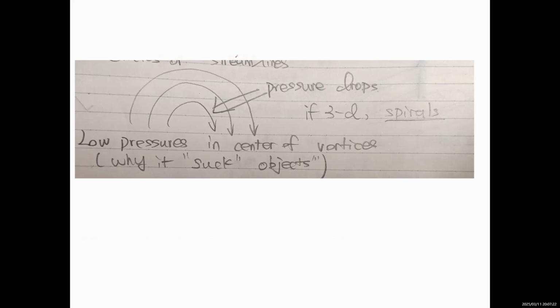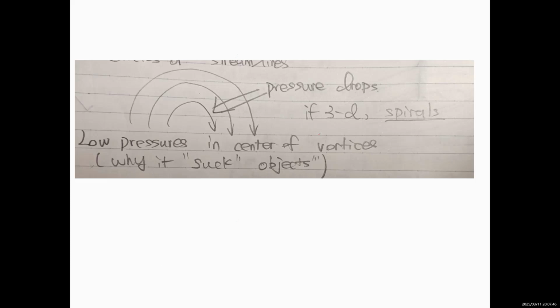There are some very nice examples of curved streamlines in real life. It's a tornado, or you can call it a type of vortex. And you can see here in the two-dimensional surface, it's circles of streamlines.